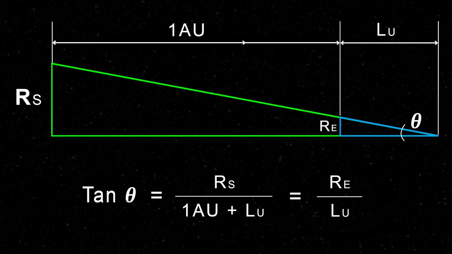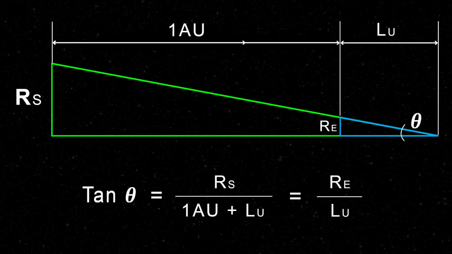How does this help us? If we inspect the various items, we see that we know the values of r sub s, r sub e, and 1 astronomical unit. What we don't know is what the value of theta is, and therefore we don't know its tangent value. We also do not know the value of L sub u, since that is what we are trying to calculate.